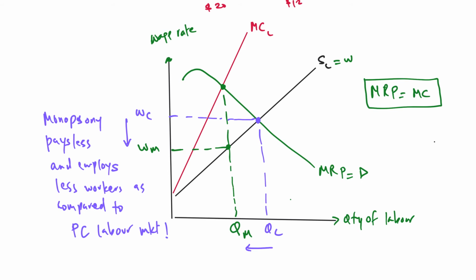So that's why one would argue that a monopsony is exploitative by the very nature of its power. It actually pays you less and actually employs fewer workers. Okay, does that make sense?